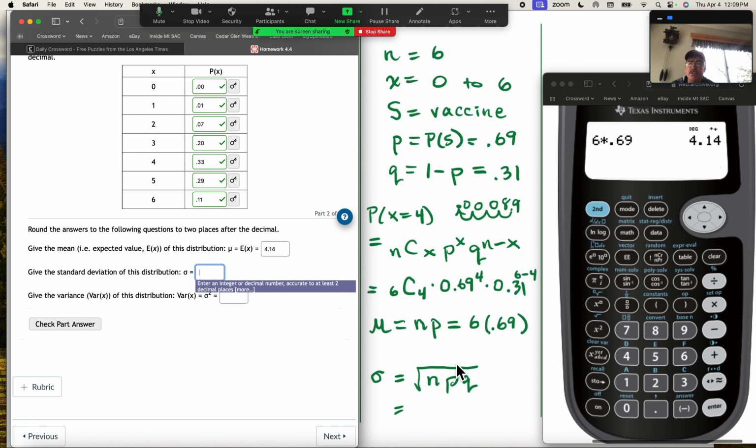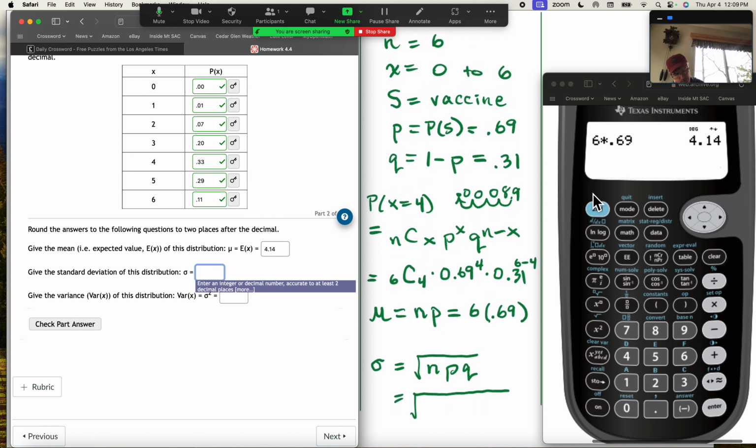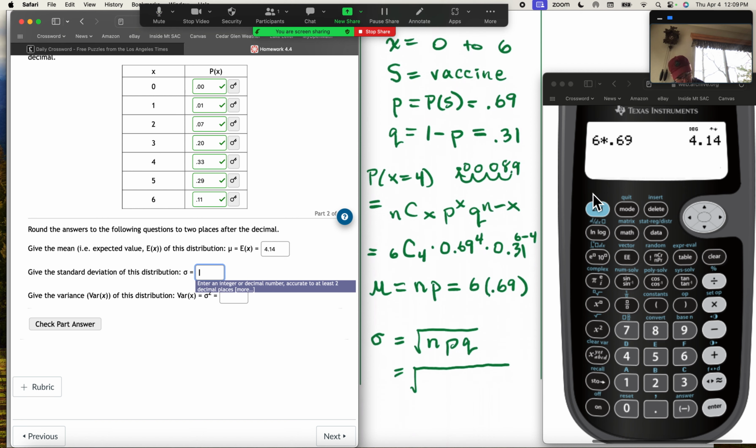Okay, standard deviation, we do the square root. I've got it here on the white pad. So the square root of npq. So n is 6, p is 0.69, and q is 0.31. Okay, so we'll do that real quick.